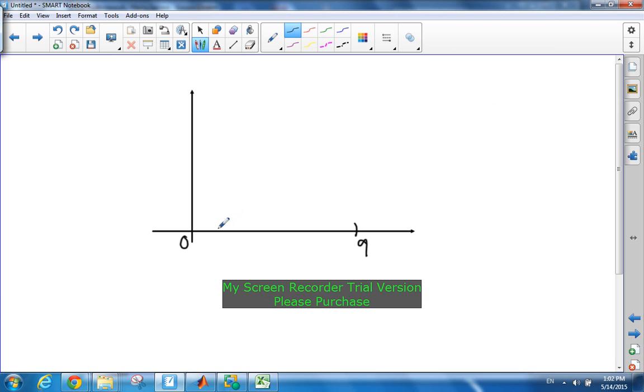So 1.25, let's say somewhere here, and all possibilities for waiting are in this interval from 0 to 9. But now the question is, what's the probability that the waiting time will fall into this interval between 1.25 and 9?